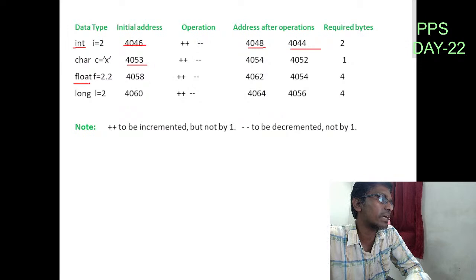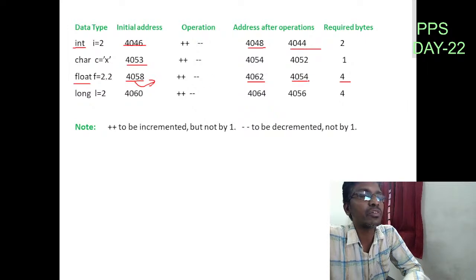And if it is a float value, the initial address will be 4058, and with plus plus it will occupy 4 bytes of memory, so it will be incremented to 4062, and if it is decremented, from the initial address I get 4054. I hope you understand what I am saying.